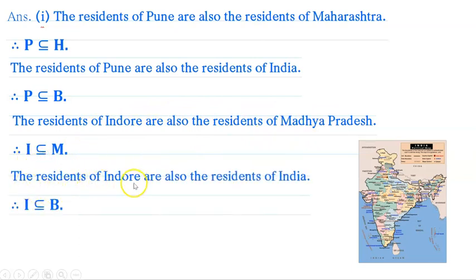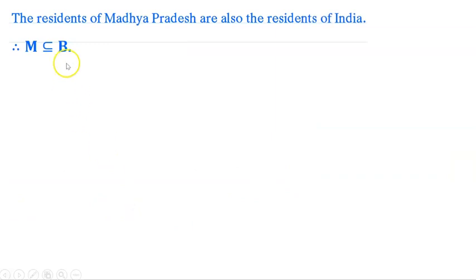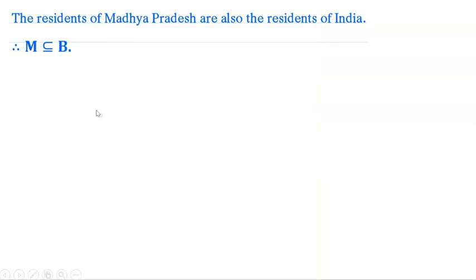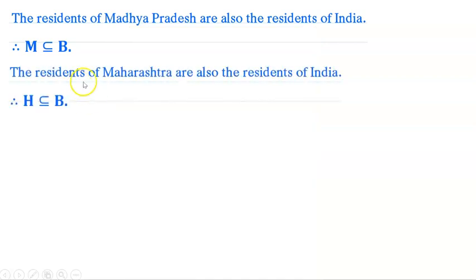The residents of Indore are also residents of India. Therefore, I is a subset of B. Okay, the residents of Madhya Pradesh are also the residents of India. That is, M is a subset of B. Okay. The residents of Maharashtra are also the residents of India.